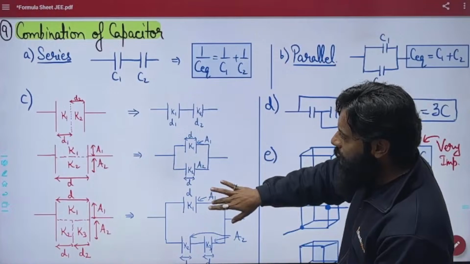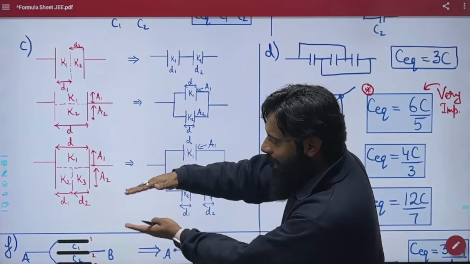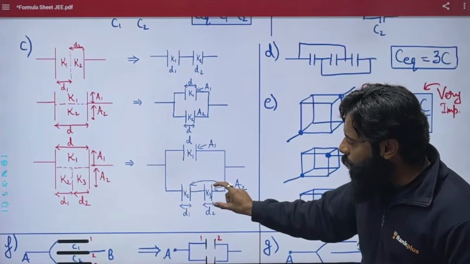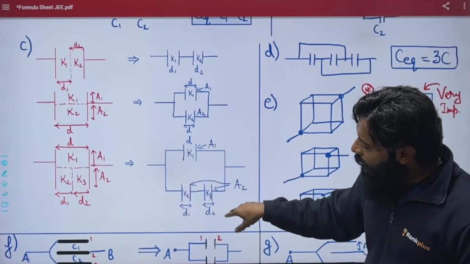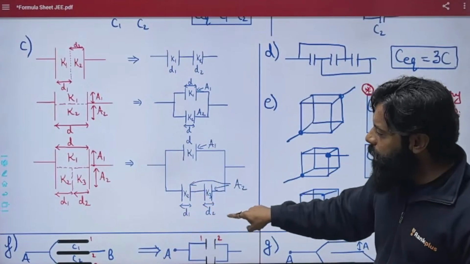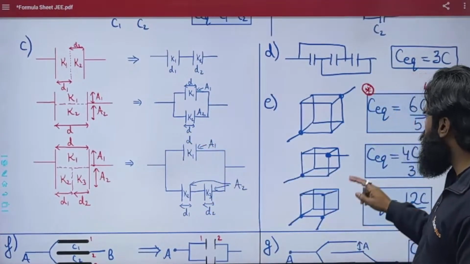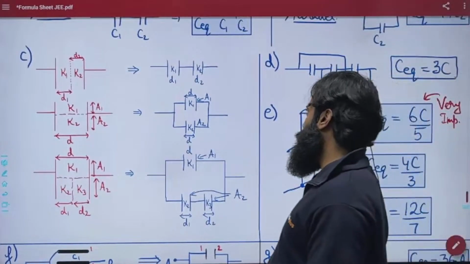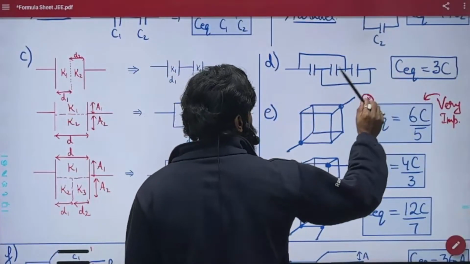In this one, you can break it into three parts: K1, K2, and K3. K2 and K3 are in series, and when you calculate the equivalent capacitance of this and this, these are in parallel. Similarly here, if these are connected in this way, the C equivalent is equal to 3C.